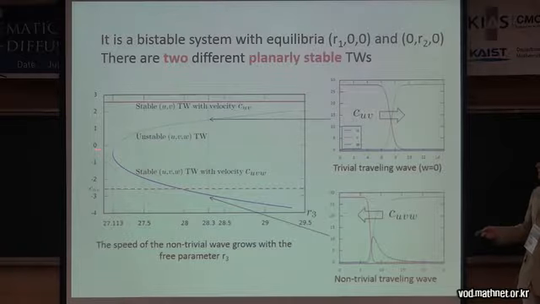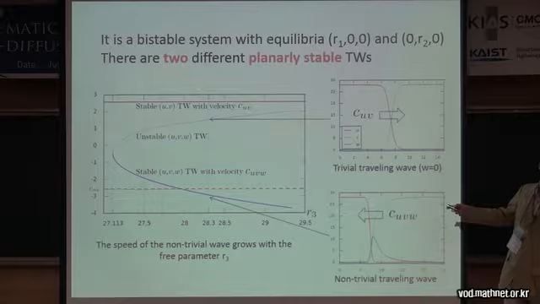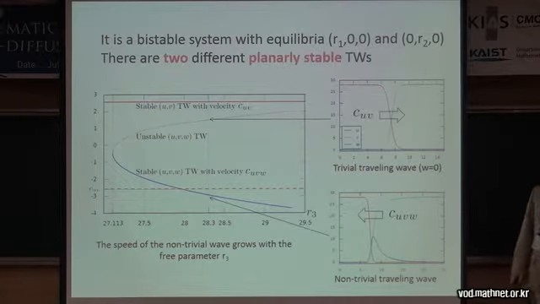And as the parameter r3 varies, also the speed of this nontrivial wave varies. There's also an unstable wave with W nonzero, but we are not interested because of its instability, and thus its difficulty to treat numerically.